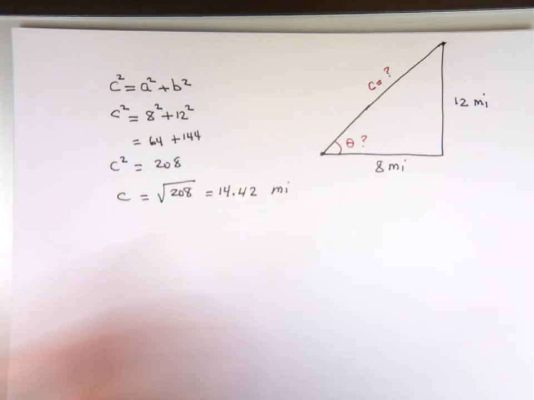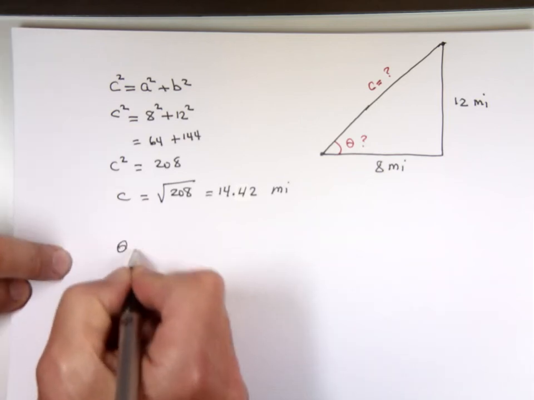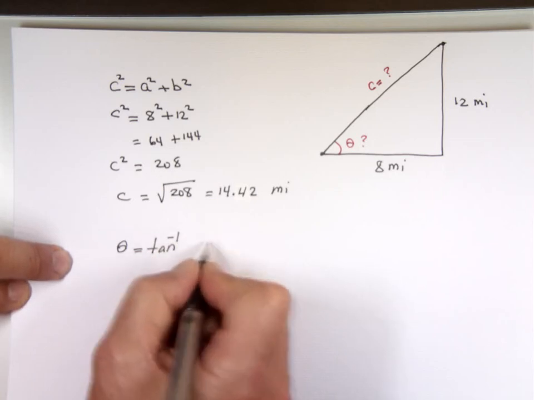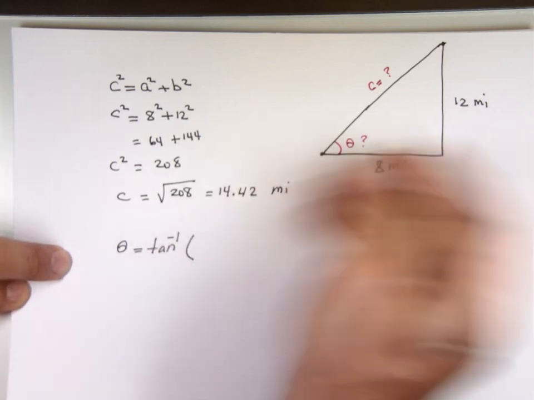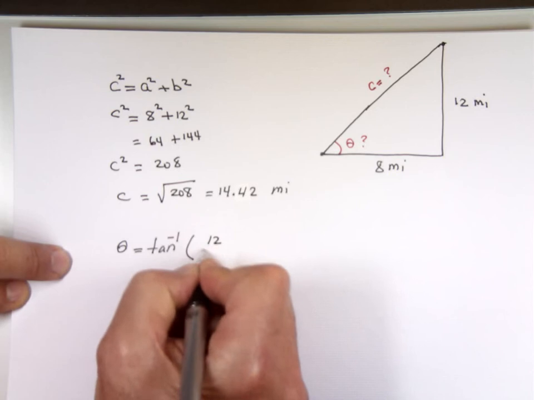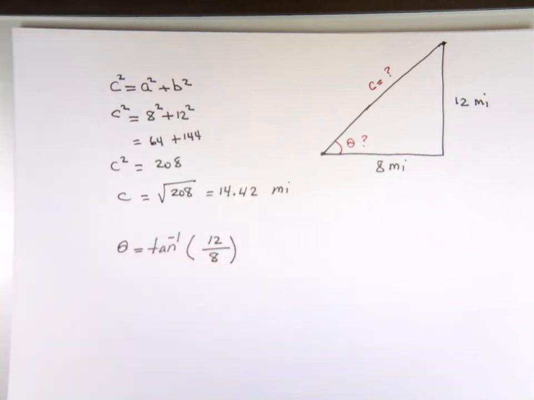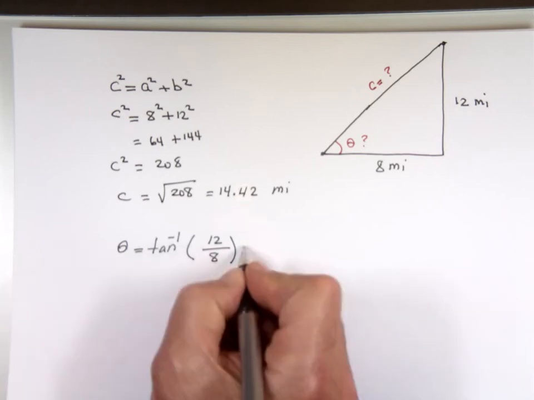Now I need to give them the heading, which direction to go. So theta is going to be what? The inverse tangent of the y value, which is 12, divided by the x value, the adjacent, b over a. The y over x.